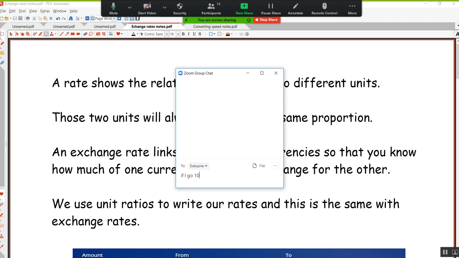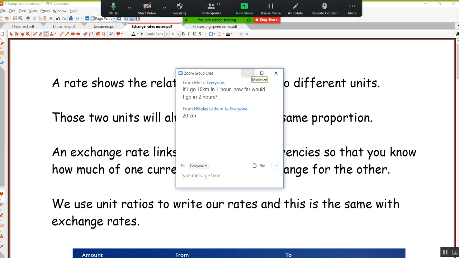So if I go 10 kilometers in 1 hour, how far would I go in 2 hours? You'd go 20 kilometers. Good. So we can work it like that.